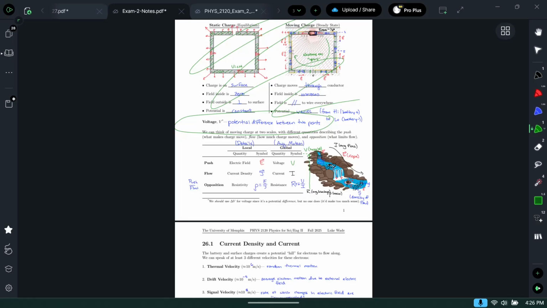The ball doesn't care that it's doing this rolling at 100 feet above sea level versus 500 feet. It's more the shape of the hill that really determines what the ball's going to do. So height differences matter. Heights in and of themselves don't. Potential differences or voltages matter. Potential in and of itself doesn't have a physical meaning until you give it a reference point.